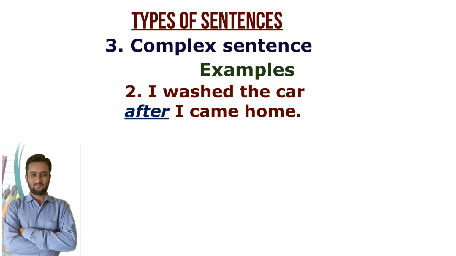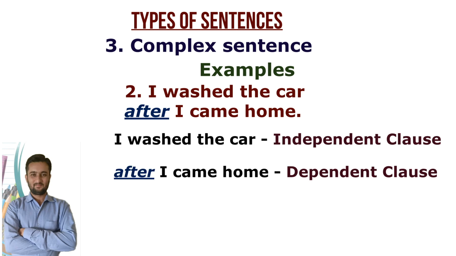So here two simple sentences, but the second part starts with the subordinating conjunction word after. So that part is called the dependent part, and the first part, I washed the car, that sentence is called the independent clause.